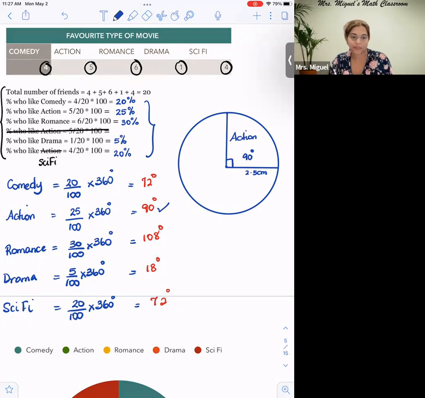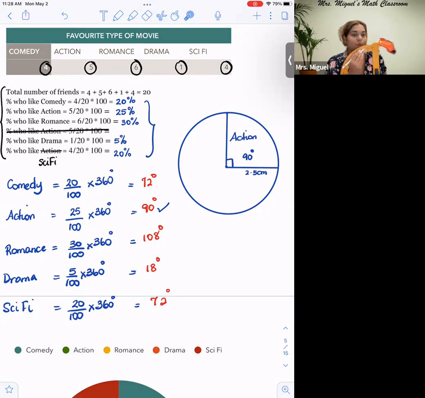We can draw the 18 degrees now. So this line here now becomes my baseline. So you may want to turn it like this and measure 18 degrees, or you could turn it like this. Line it up so that you can get 18 degrees. So if you notice, each division is one marker on my protractor.